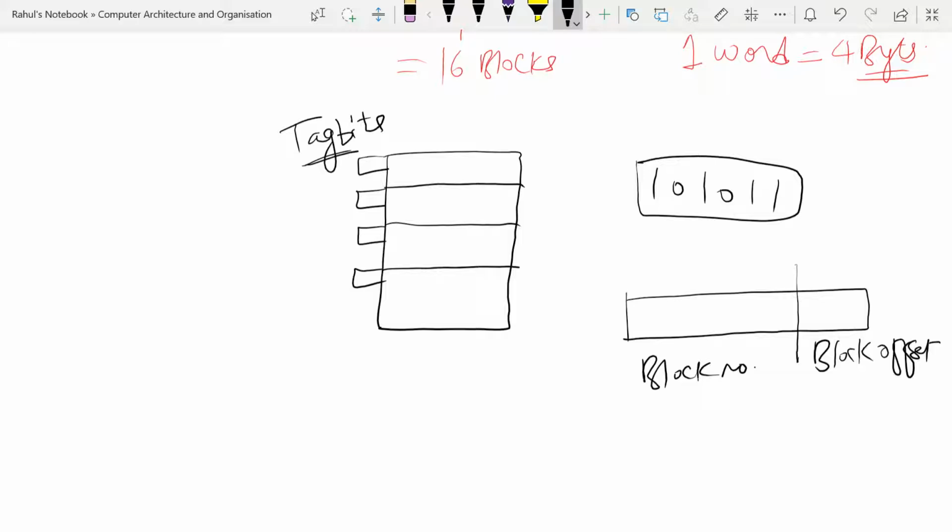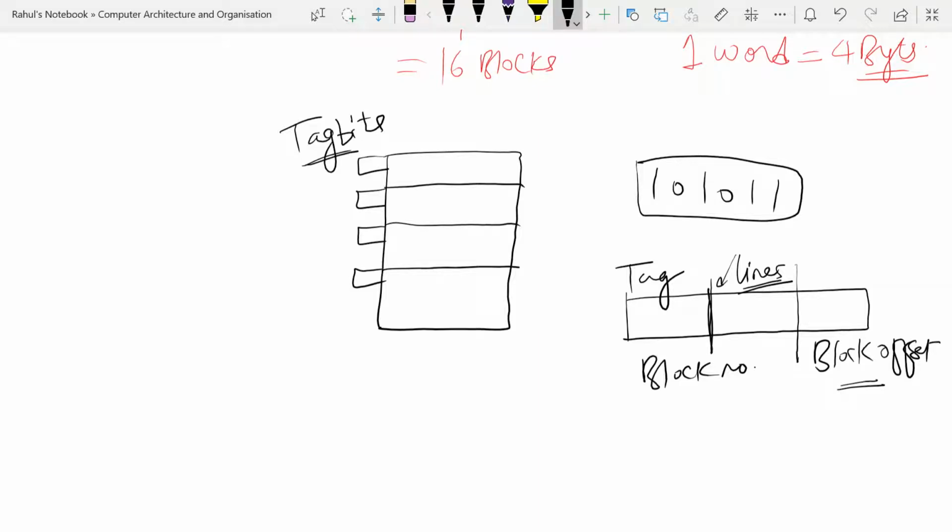Block offset is the least significant bits which represent the position of the word, and block number shows in which block, in which line, the given block is represented, right? Further, block number is divided into tag bits and line offset, or you can say simply lines.